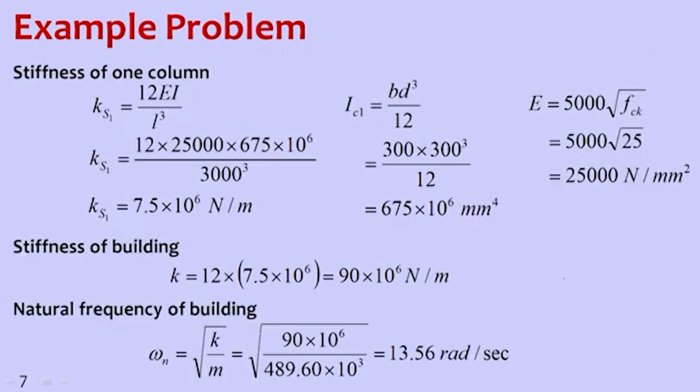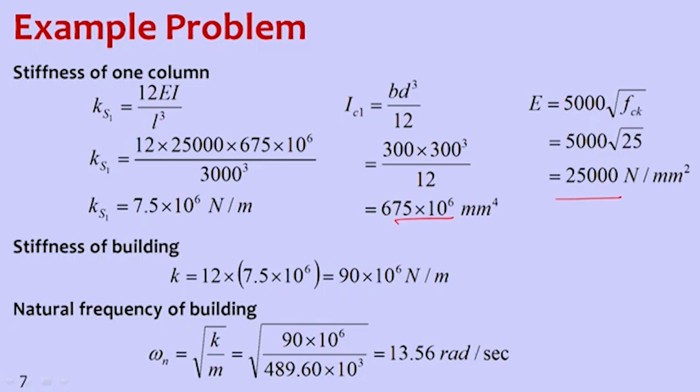Similarly, we have stiffness of one column, Ks1, which is equal to 12 EI by L cube, for which E is calculated as 5000 root fck, 5000 root 25, which gives 25,000 Newton per mm square. I is b d cube by 12 for the 300 by 300 column, so 300 into 300 cube by 12, which is around 675 into 10 to the power of 6.